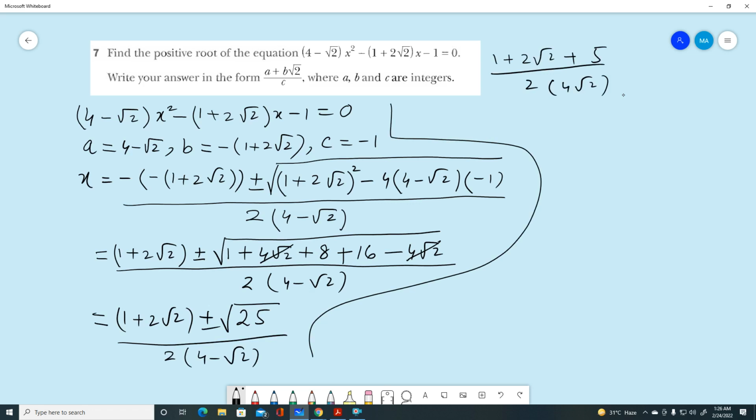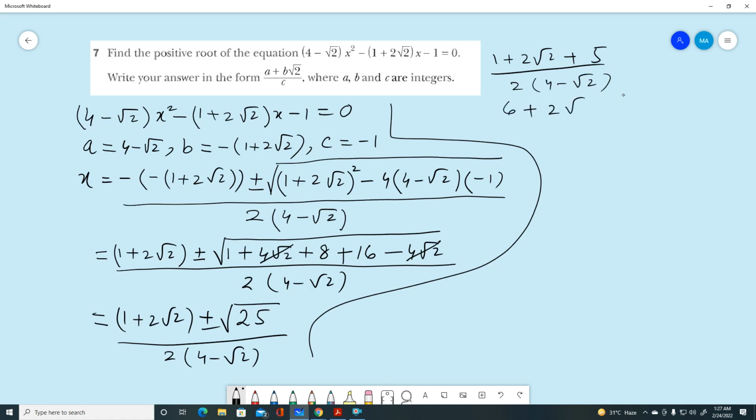Sorry, not 4 root 2, 4 minus root 2, I am sorry. Now 5 plus 1 is 6.